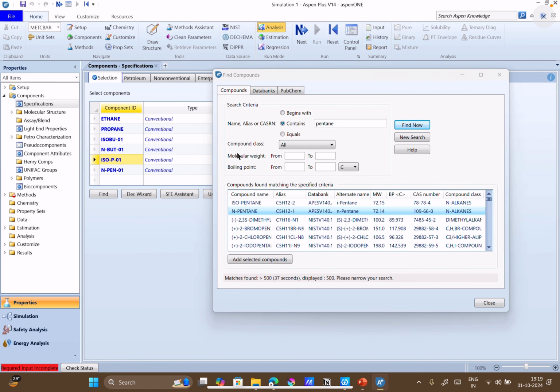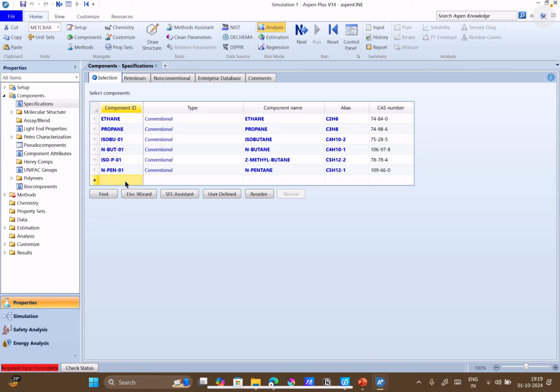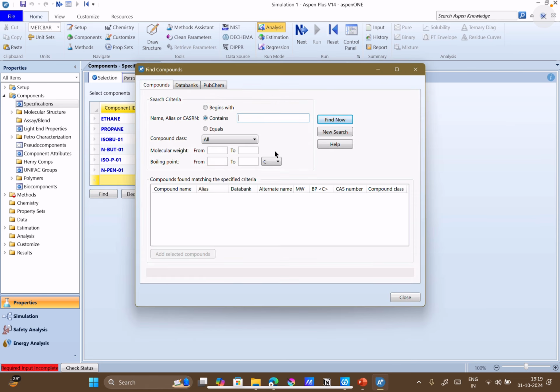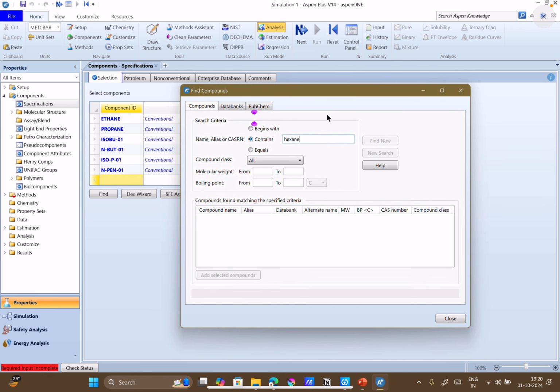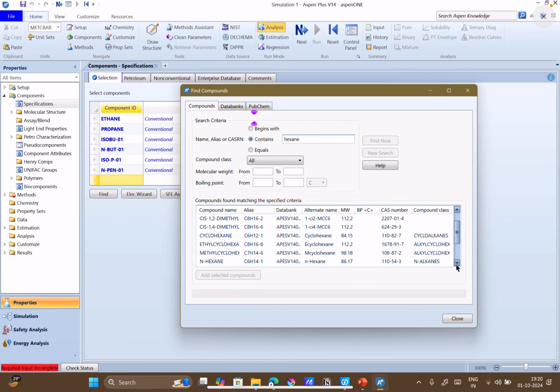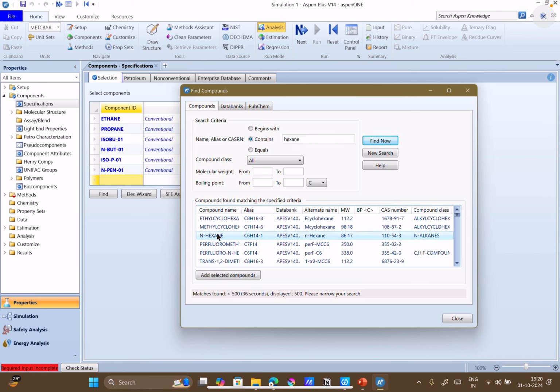Okay, and last we have hexane. N-hexane, add that.